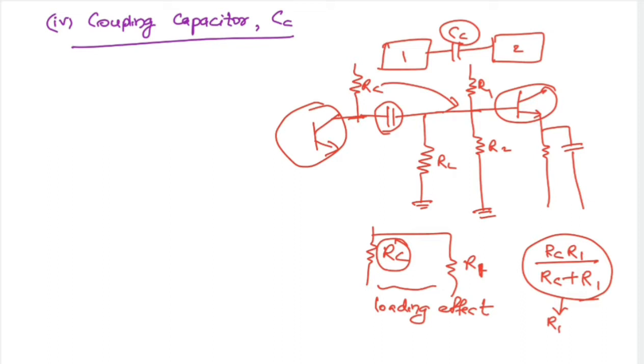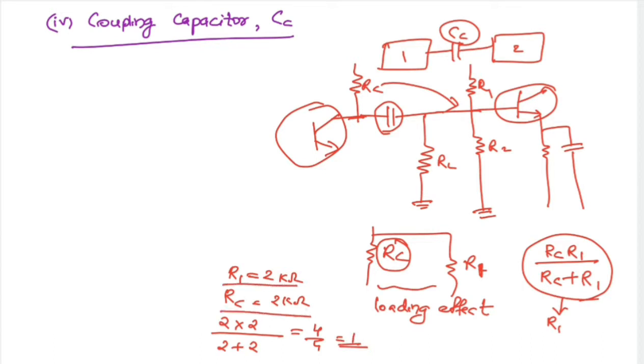You should always remember that if there are two resistors in parallel, suppose the first resistor has 2 kilo ohm and the second resistor RC has 2 kilo ohm, the same resistors, then what will be RC parallel R1? 2 by 2 plus 2 by 2, that is 4 by 4, that is equal to 1. That means if we are using the same resistors, it will become half.